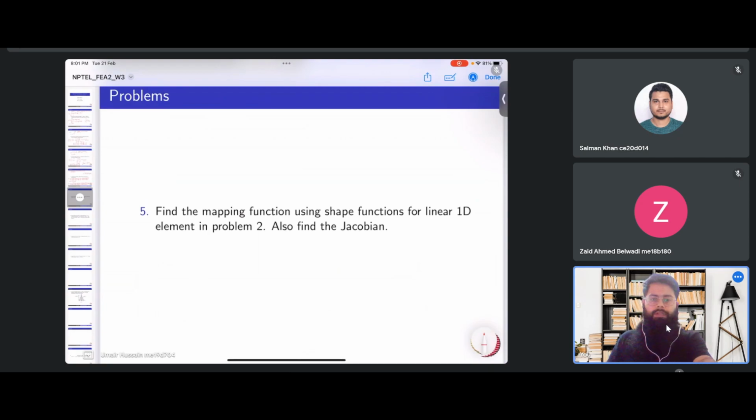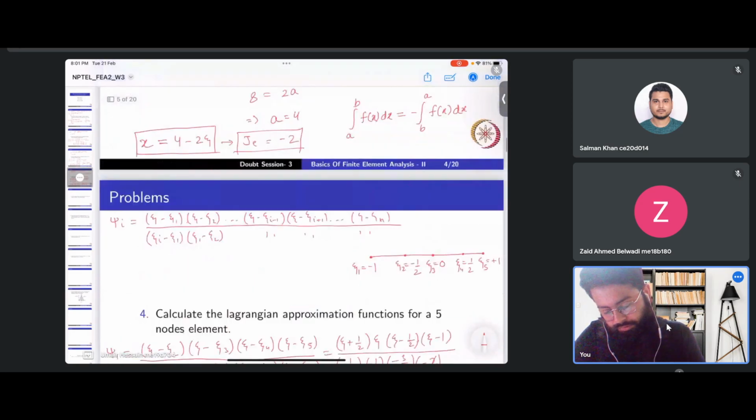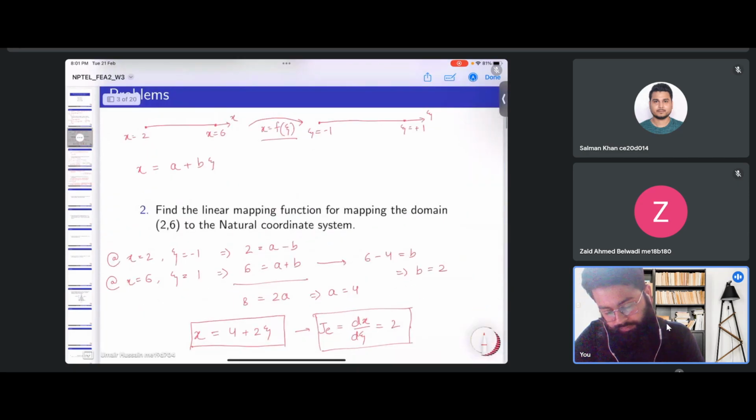Okay, if there's no doubt, we can move forward to the next problem. We need to find the mapping function using the shape function for the linear 1D element, problem 2. Problem 2 was we had the element x equals 2 to 6, and we need to map it to the natural coordinate system.